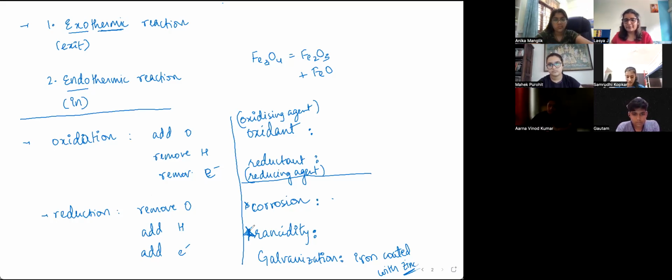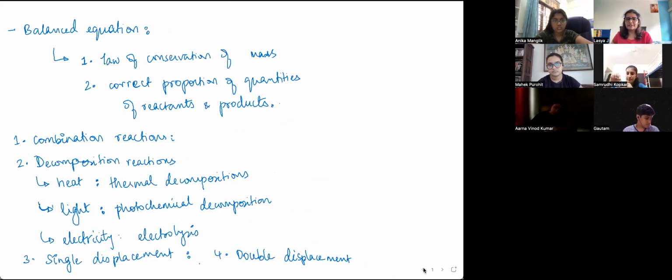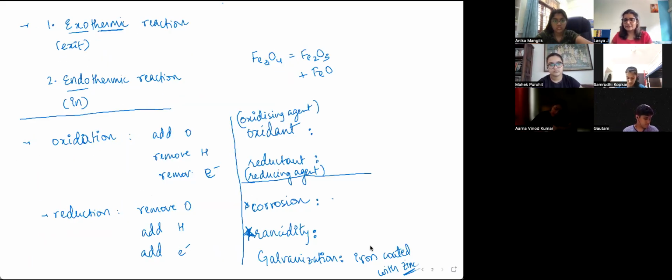The next part of the chapter is mainly application based. We should practice balancing chemical reactions, and every type of reaction that we touched here, we'll have to look at examples. That is the second part. And the third is identifying oxidation, reduction, oxidizing agent, reducing agent.